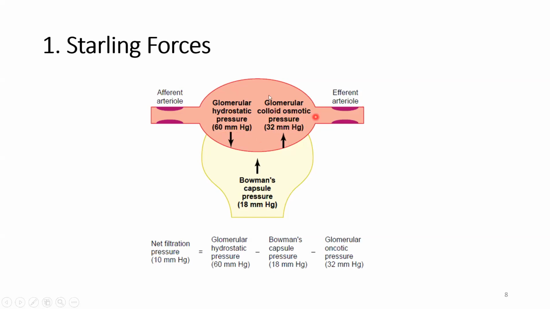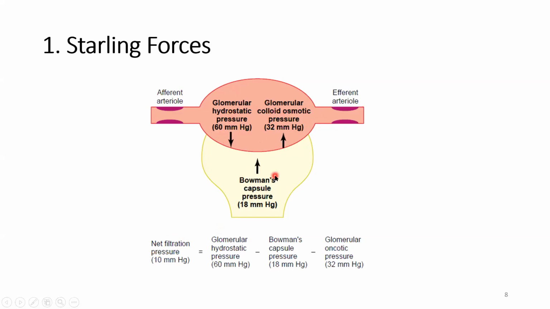And then he shows oncotic pressure, colloid osmotic pressure. The values are here. And then outside of this glomerulus, you have the Bowman capsule, where he shows pressure. He just says capsule pressure. Basically, this is a hydrostatic pressure. So first, just focus on these three.